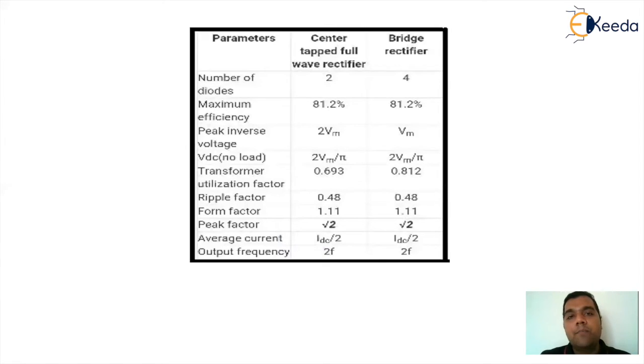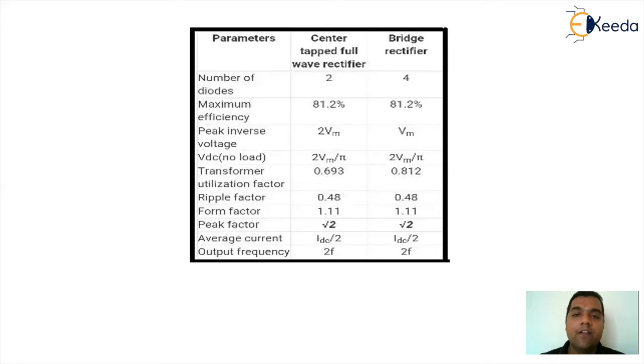When I try to compare a center tapped full wave rectifier with a bridge rectifier, you can easily see that the basic difference is with respect to the number of diodes. The count of diodes in center tap full wave rectifier is 2 and in bridge it is 4. The efficiency is 81.2% in both the cases. The peak inverse voltage is different in both the cases. It is 2 Vm and Vm.